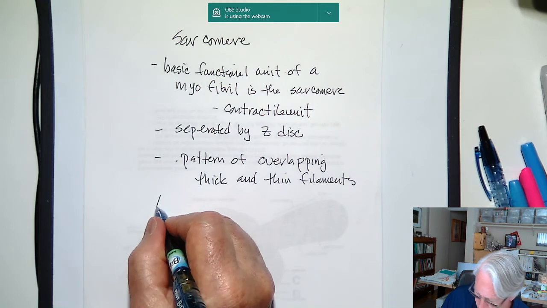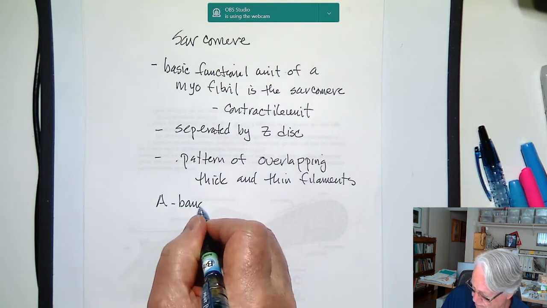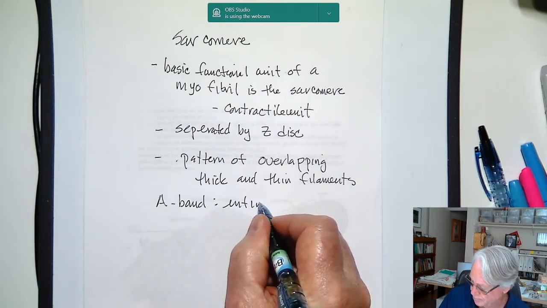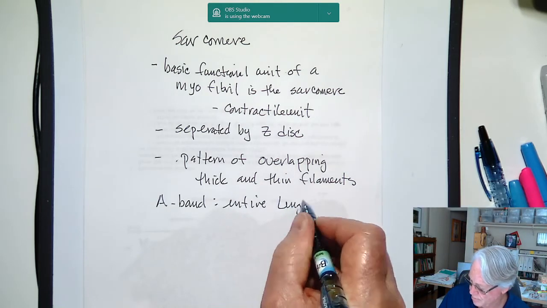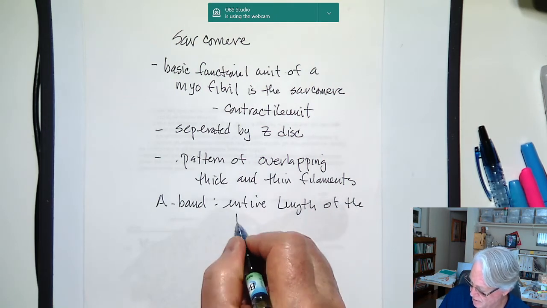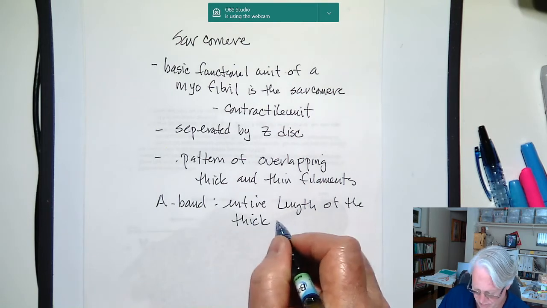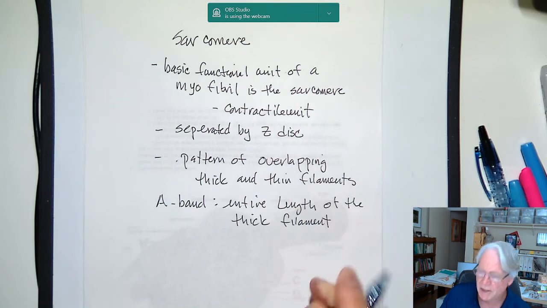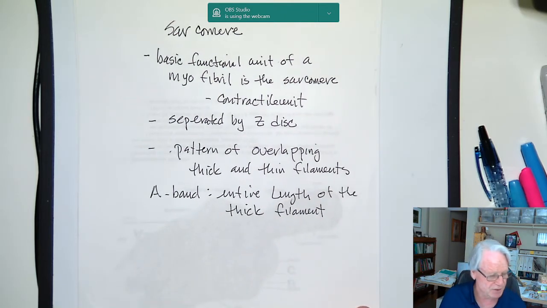First, we'll start off with the A band. A band is the entire length of the thick filament. The entire length of the thick filament. Let's come back to our image and let's just see what we're talking about when we talk about the entire length of the thick filament.